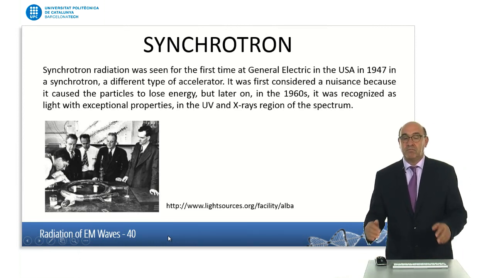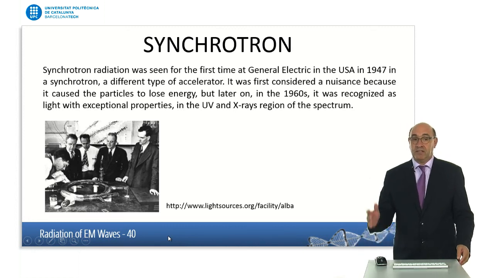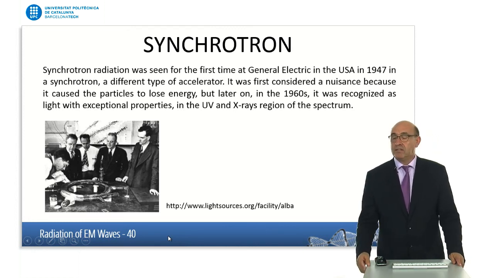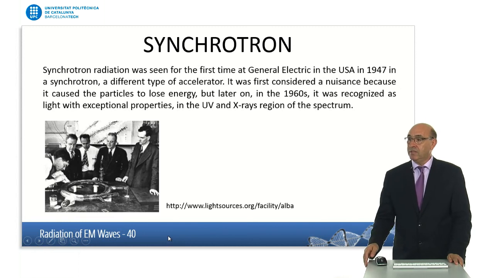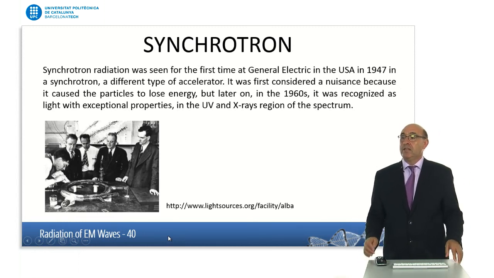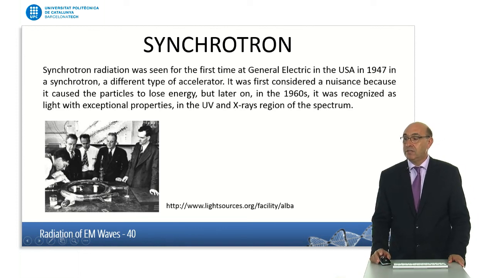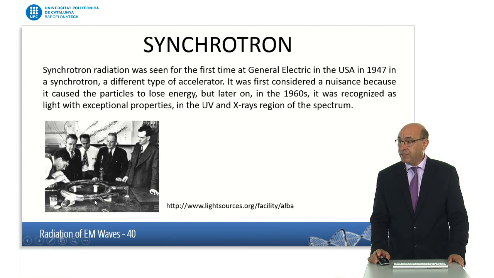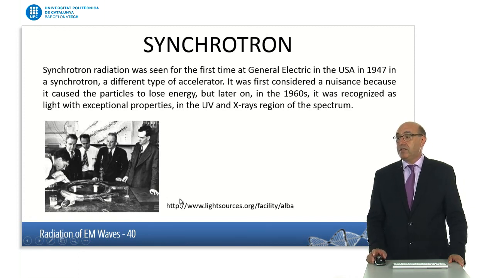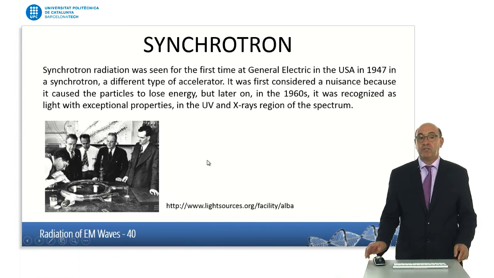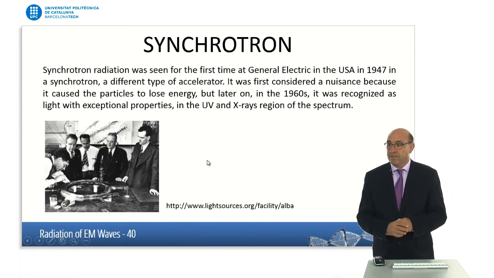And people immediately realized, and this was the case at General Electric in the US, when in the late 40s they built the first synchrotron, and here you see the shape of it, that this was a fantastic light source that could produce very powerful and coherent light.